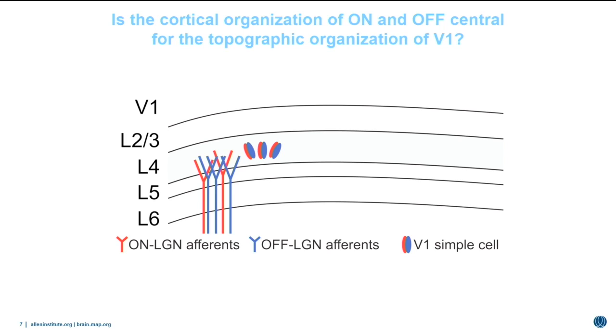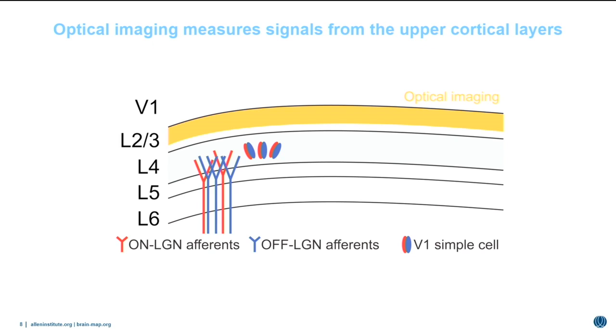This question was around in the field for a little bit, but it wasn't really answered because the methods that were used to study cortical maps, like optical imaging, could not really read this signal. These optical methods only read the activity of the upper cortical layers. So one couldn't really use that method to address this question.